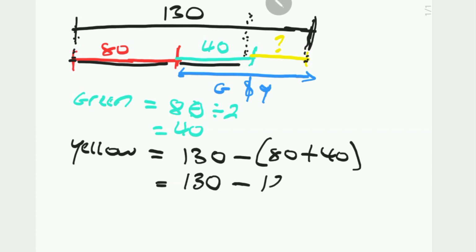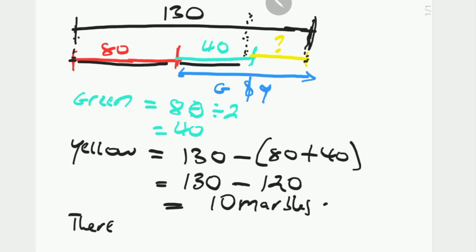This part represents our yellow. So it becomes 130 minus (80 plus 40), 120. So we have 10 marbles. It means the number of yellow marbles that were there was 10 marbles. So there were 10 yellow marbles.